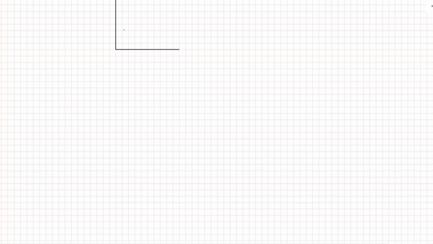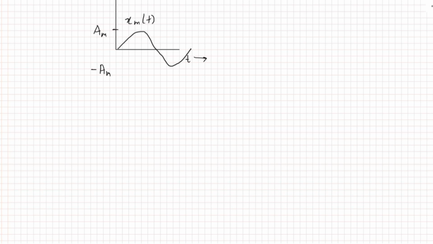We have the signal x_m(t), which has an amplitude of A_m, and it varies between minus A_m and A_m on time scale. Similarly, we have a carrier signal.